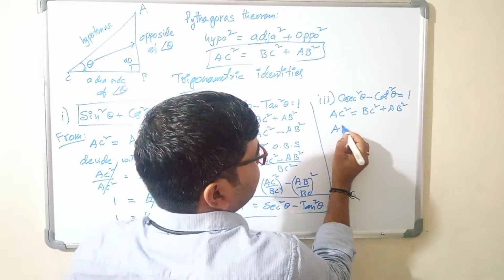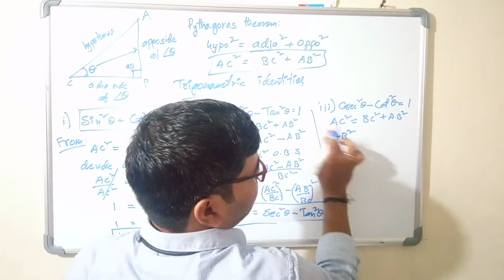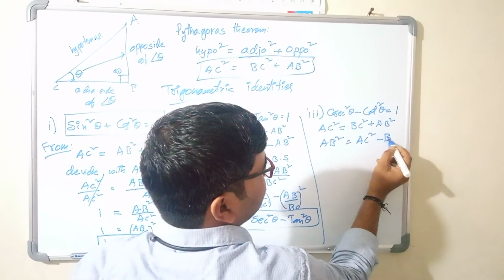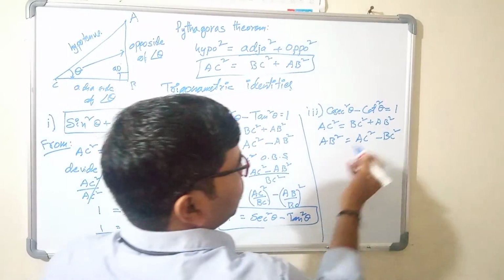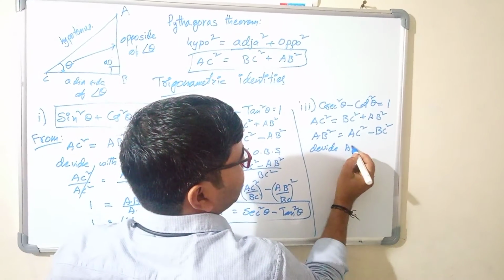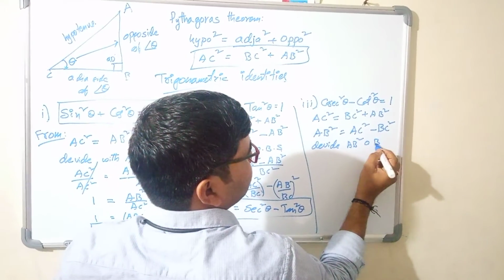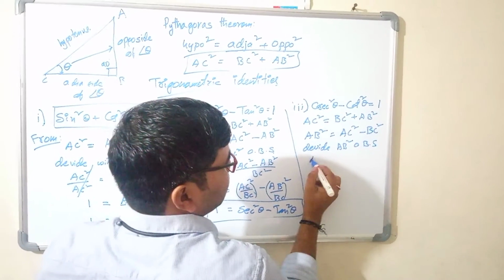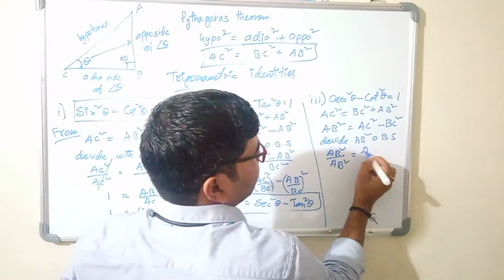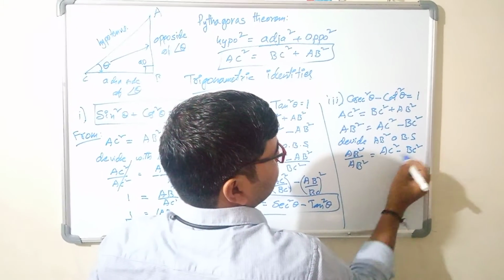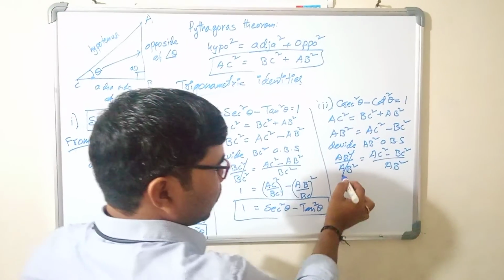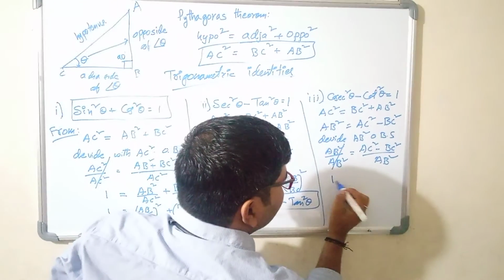AB square means BC square coming this side, it will become negative. That means AC square minus BC square. Divide on both sides with AB square. Next, AB square by AB square, that equal to AC square minus BC square by AB square. Next, AB square gets cancelled, remaining that equal to 1.